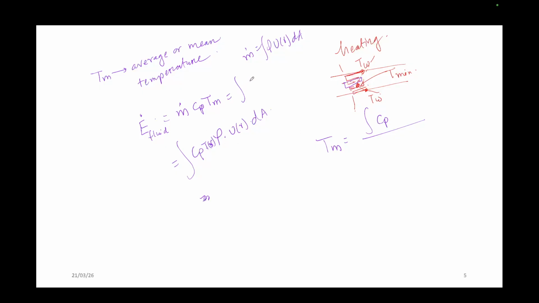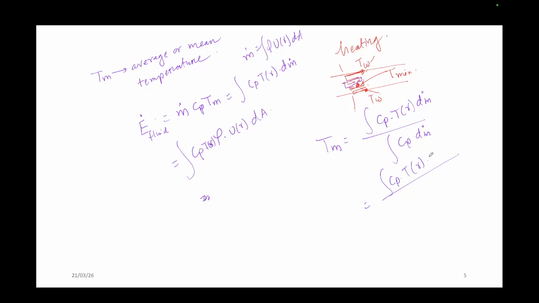If I write it in integration form, it is Cp Tr into dm, divided by Cp into dm. So this is how we derive this thing.